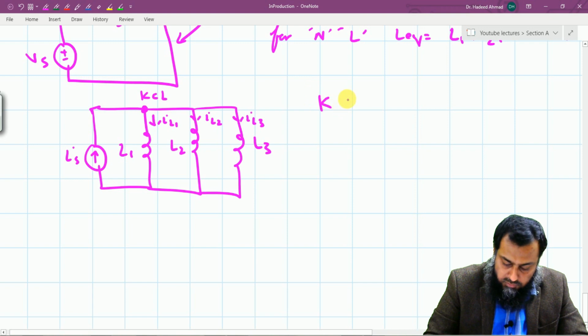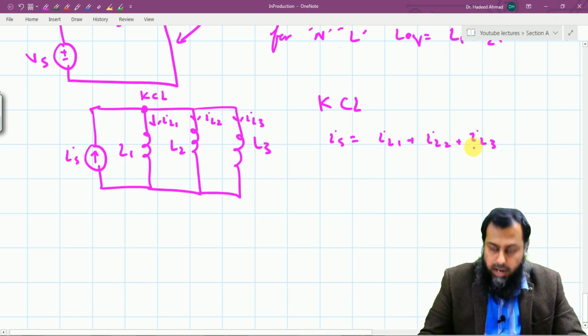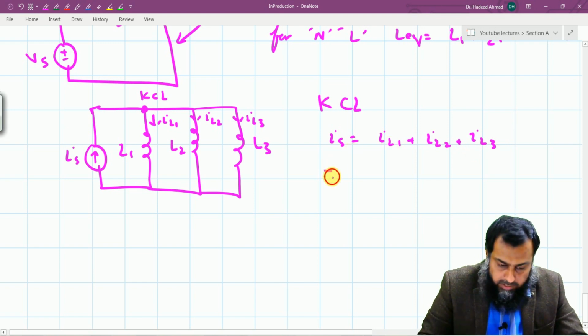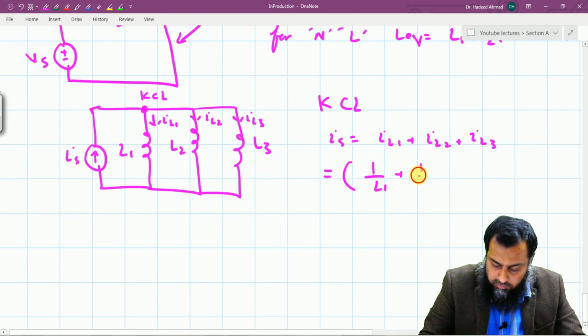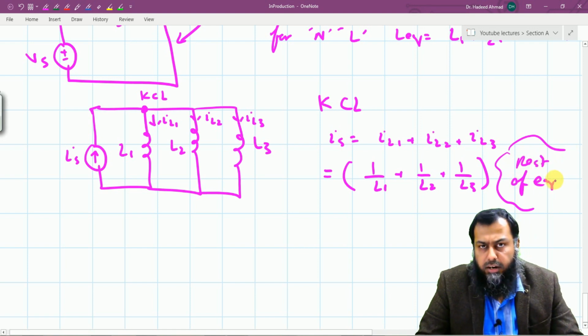If we apply Kirchhoff's current law, then IS is equal to IL1 plus IL2 plus IL3, and if we apply the expression for the current, that gives a value equal to 1 over L1 plus 1 over L2 plus 1 over L3, and thereafter we have the rest of the equation that contains the initial current flowing through the inductances as well as the integral part.